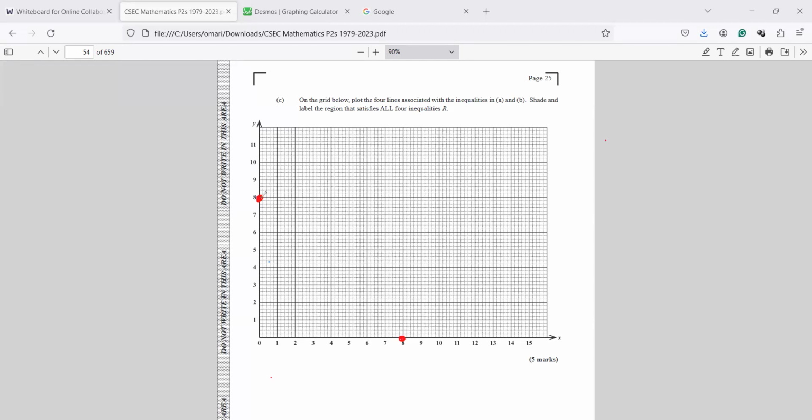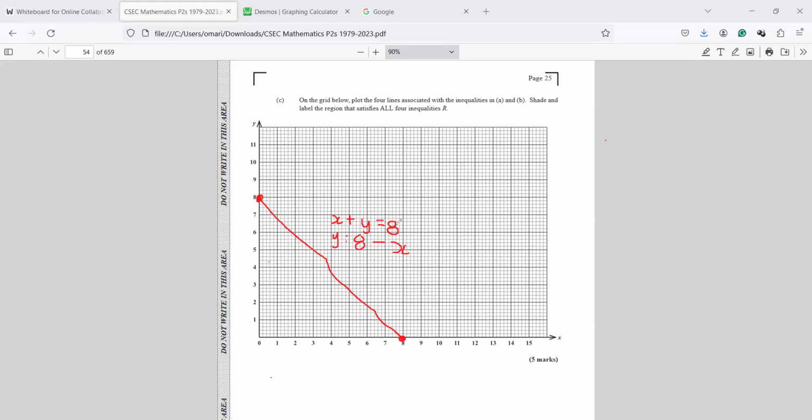Then you'd connect these 2 points here, right? So that is our line y is equal to 8 minus x, which is the same thing as x plus y is equal to 8, right?